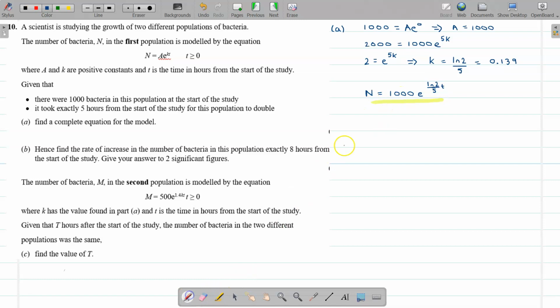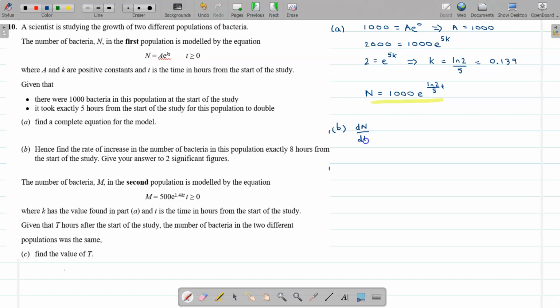Now for part B, we need to find the rate of increase at exactly 8 hours. So the rate of increase changes with time. That's the nature of exponential growth. So we need dn by dt when t is 8.